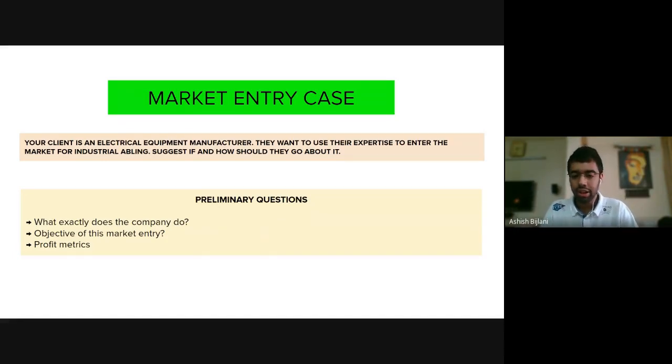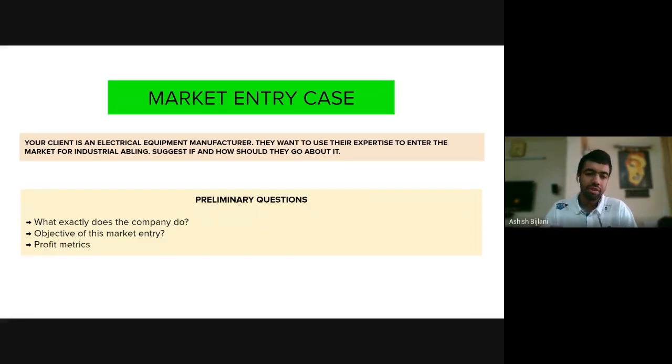The interviewer will correct you or say you're on the right track, please proceed. So make use of preliminary questions to get a basic understanding of the whole case, and at least the main crux of what has been given to you, and then move forward. You don't want to start with any false information. That is it for the preliminary questions here.